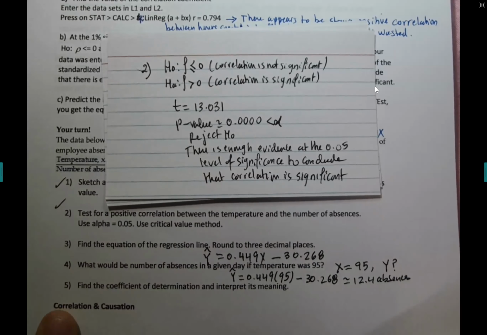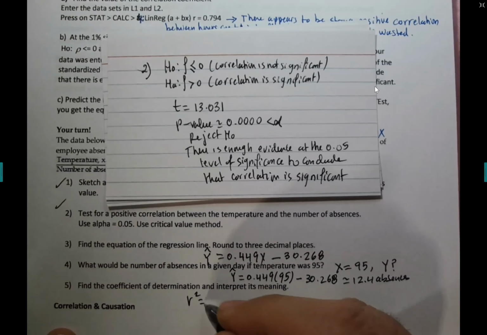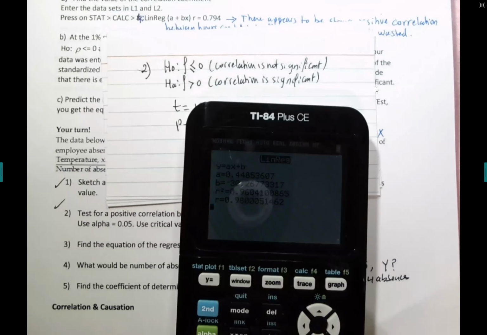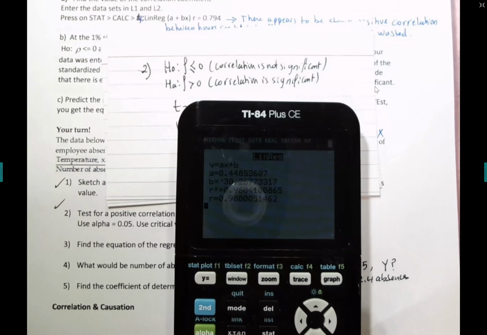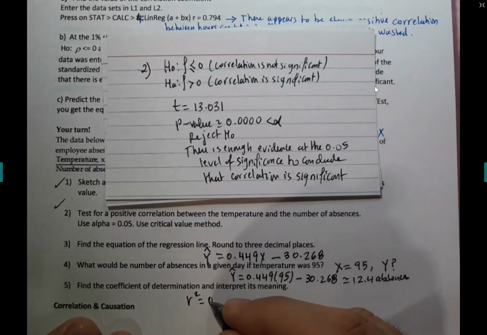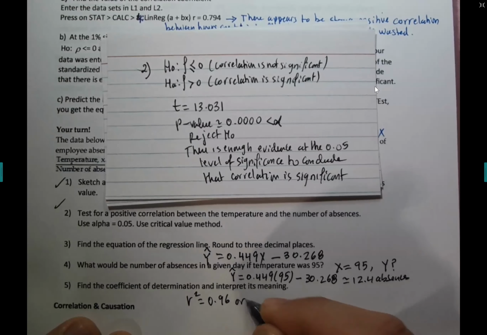5. Find the coefficient of determination and interpret its meaning. So r squared, guys. And r squared, as you can see on the screen, it's 0.96. Change it to percent, 96%.